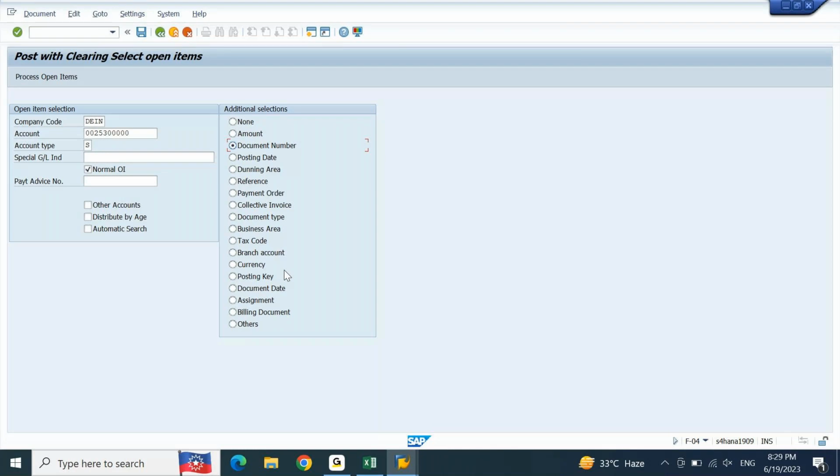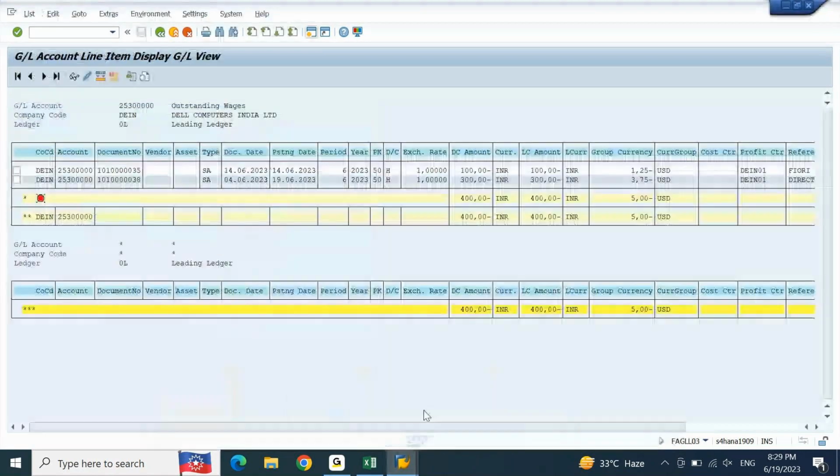Now, on what basis do you want the system to identify your open item? You have various options. For this 300, you can use the document number. You can inform the system from this GL account to clear the transaction which has this document number, or from this GL account to clear the transaction which contains document type SA.